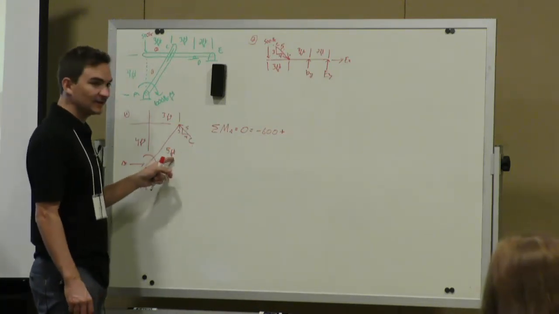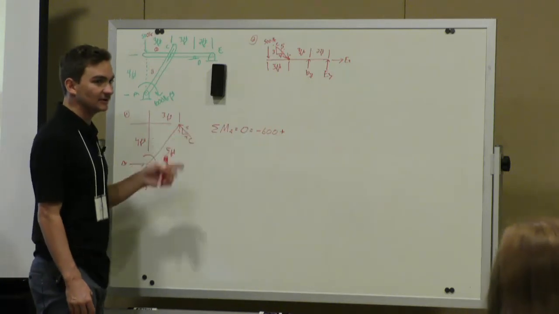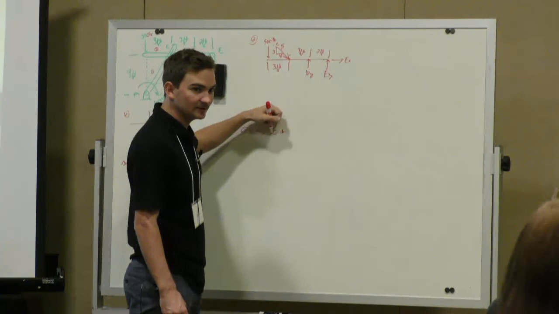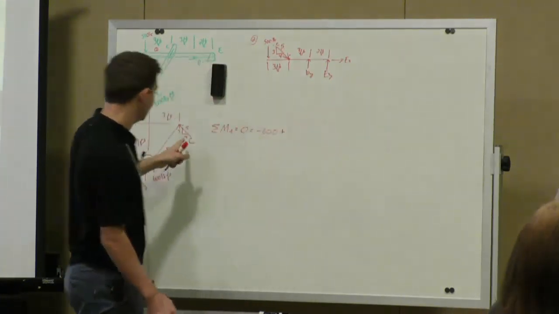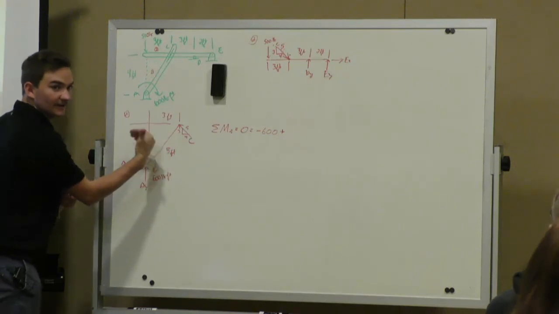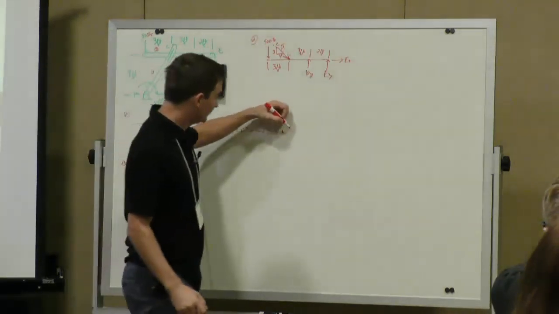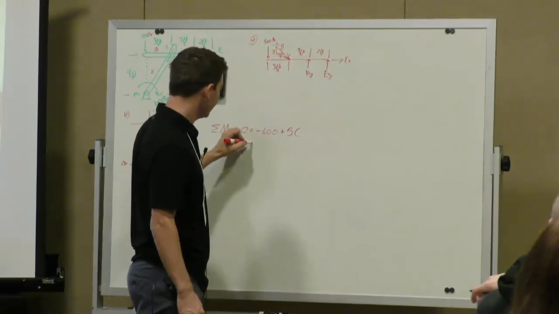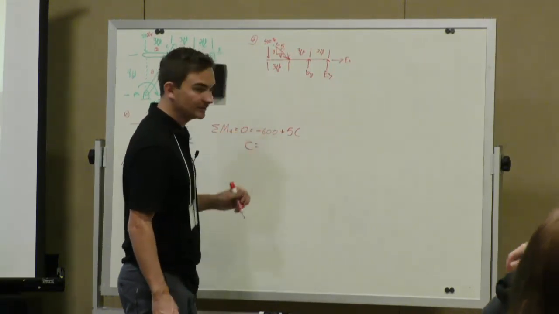In this case, its perpendicular distance is the hypotenuse of 5. So very good. And does it cause a positive or negative moment? Positive. Yeah. So about A, it causes it counterclockwise. So it's 5 times C. So therefore, C is equal to what?